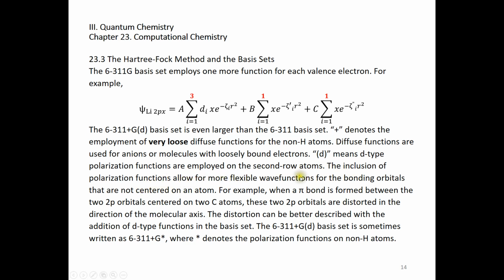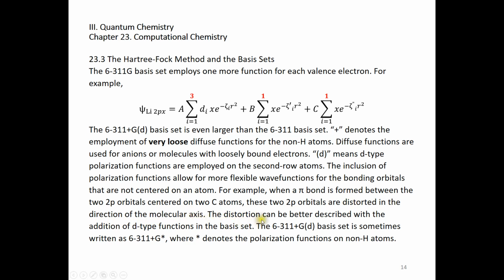For example, if we have some bonding orbitals, we know the bonding orbitals are supposed to be linear combinations of atomic orbitals, but there's some distortion to those atomic orbitals. For example, when a pi bond is formed between two 2p orbitals centered on two carbon atoms, these 2p orbitals are slightly distorted in the direction of the molecular axis to have a better overlap.